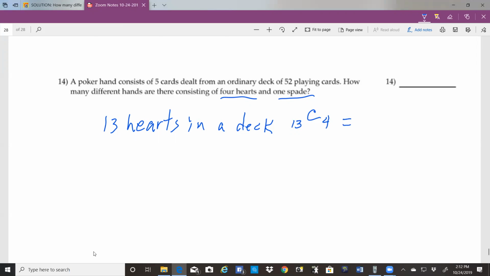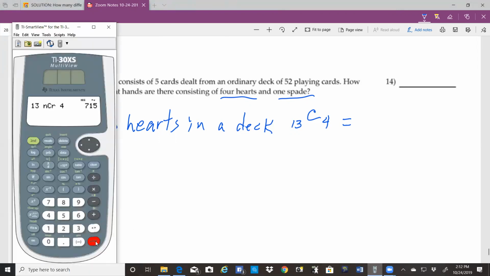If we do that, we get 13, probability, combination of n things taken r at a time. Hit enter and put in 4, and you get 715.